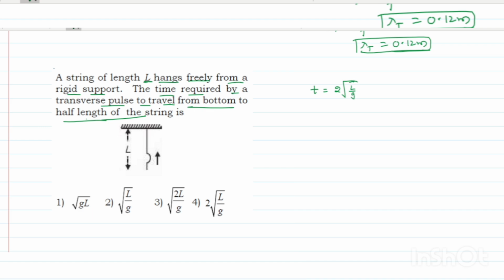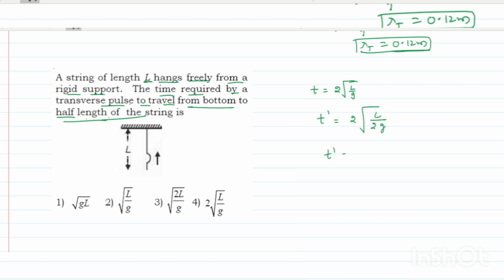In the previous cases I have clearly explained this relationship. So now they are asking the time required by the transverse pulse to travel from the bottom to half of the length of the string. Bottom to half of the length, in the sense T dash equals 2 into root over, half of the length means instead of L you take L by 2, by g, it will come to the denominator.